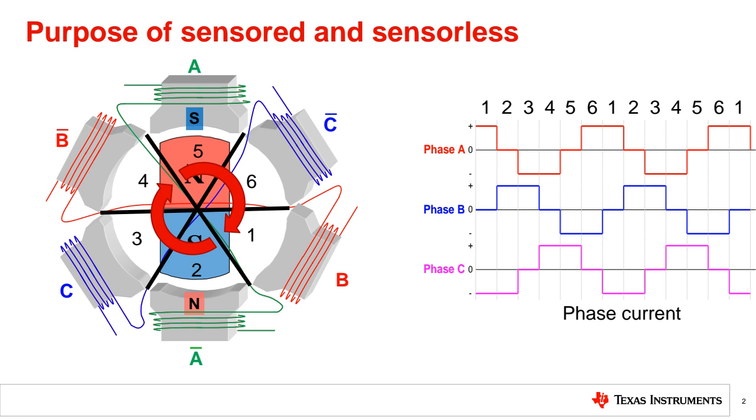In this situation, if you estimate back EMF, you can control your motor sensorless. However, in the low speed region, estimation of back EMF is very hard. Lots of researchers developed estimation methods like model reference adaptive system, model predictive controller, also some Kalman filters, also signal injection methods.